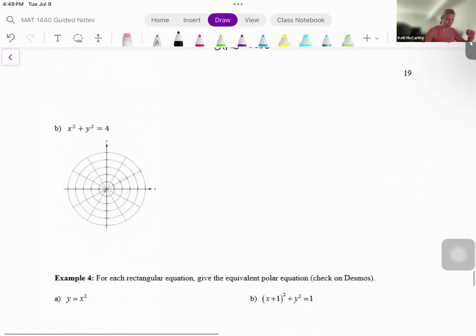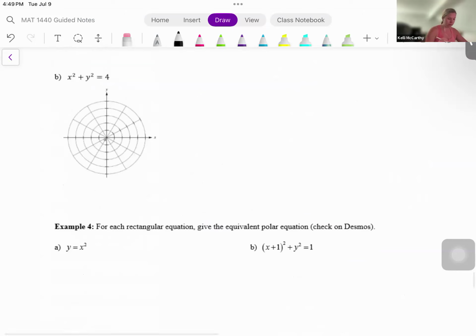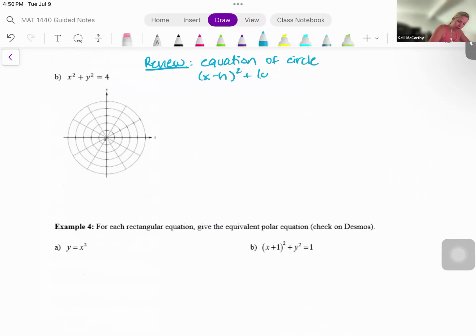All right, let's go through one more. x squared plus y squared equals 4. A quick review: the equation of a circle is (x minus h) squared plus (y minus k) squared equals r squared, with a center at the point (h, k) and a radius r.